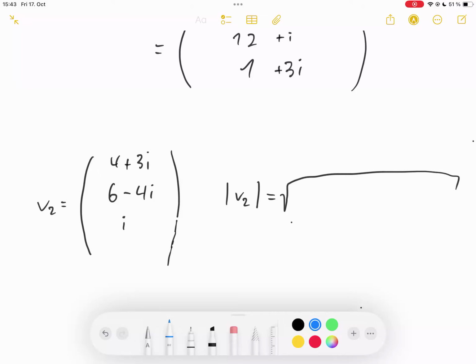So we have 3 complex numbers in here. So this will be the square root of the length or modulus of the first complex number, which is 4 plus 3i.